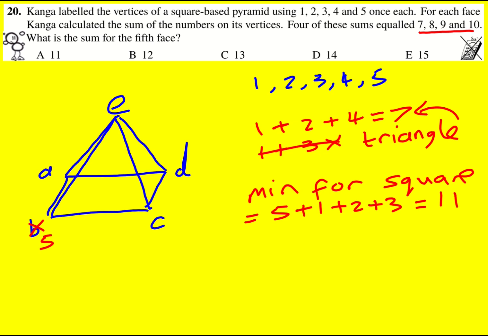Which means something very useful: 7, 8, 9, 10 are all going to be for the triangle faces, because they can't be the square, since we've just shown that the minimum for the square is 11. It's got to be 11 or more. It cannot be 7, 8, 9, or 10. So 7, 8, 9, and 10 are the triangle faces. You could have assumed that and got away with it, but now we've actually shown it for sure.